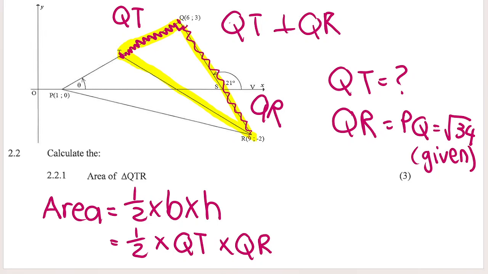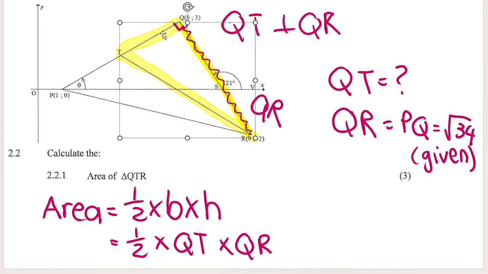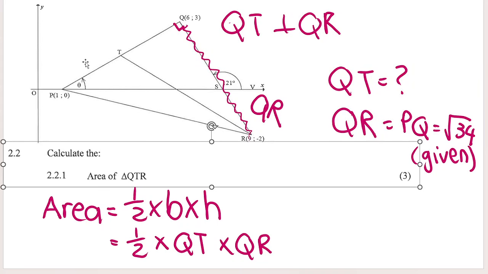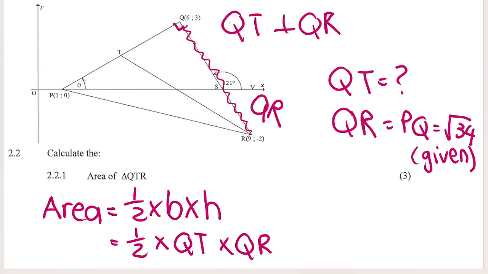And then QT. If you take a look at the diagram, I'm just erasing everything that I've written over here for you. You can see that QT, remember T was the midpoint of line PQ.